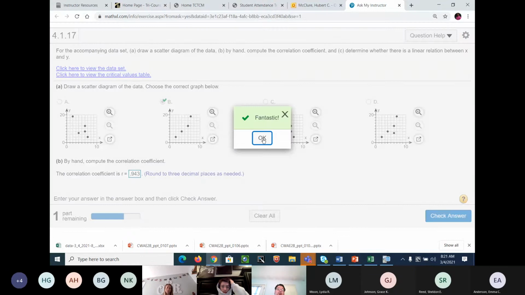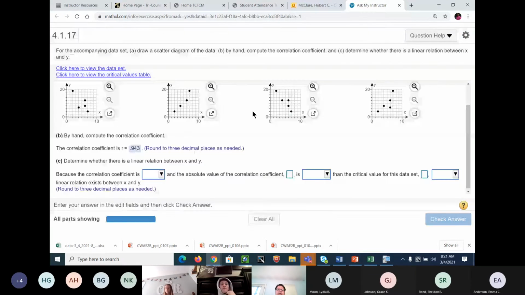Now, if you don't know what the heck to do here, then you need to write this sentence down and leave a blank. This is what you should be doing as a student that doesn't know what you're doing. R is blank, and the absolute value is blank.